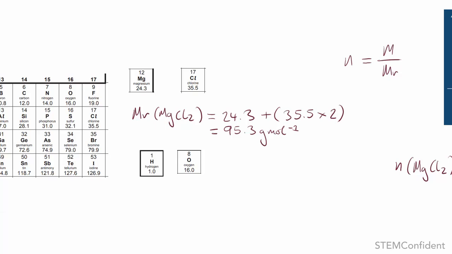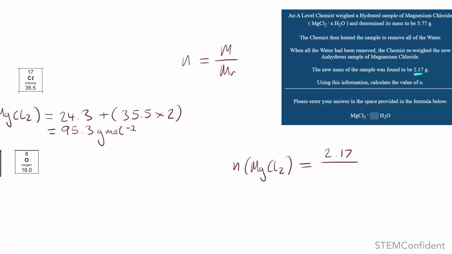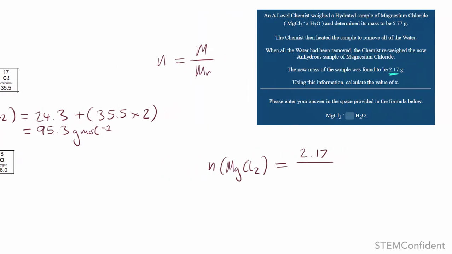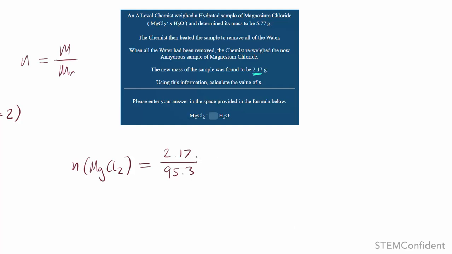So if we use that value, 95.3, and you work that out, what you should get is 0.0227770, and that is going to be in units of moles.